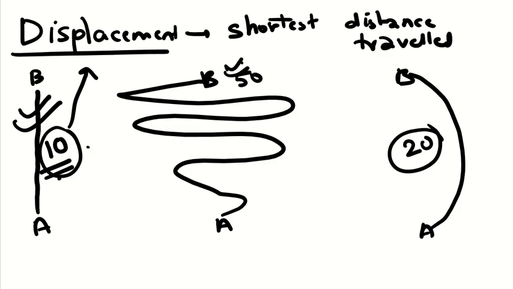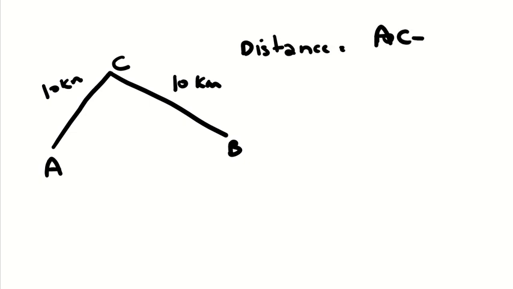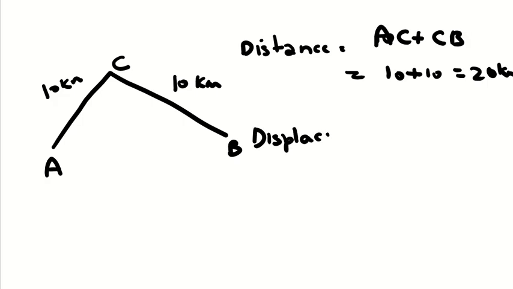Let me take one more example. For example, an object moves from A to C, which is 10 kilometers, and then goes from C to B, which is again 10 kilometers. Now, if you look carefully, the distance is A to C plus C to B, which is 10 plus 10, giving 20 kilometers. But displacement means the shortest path to reach.